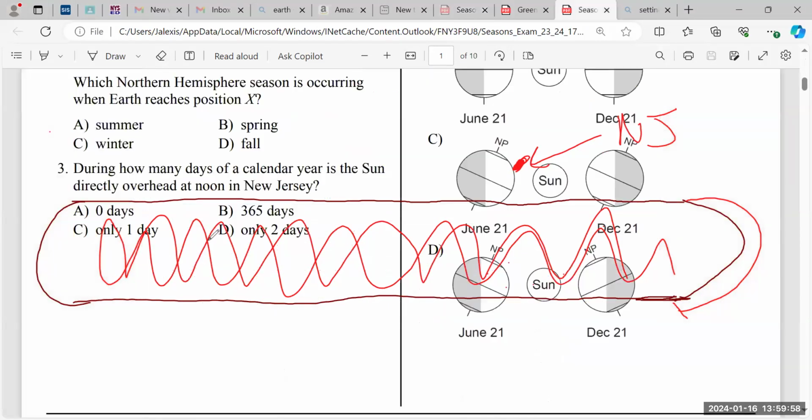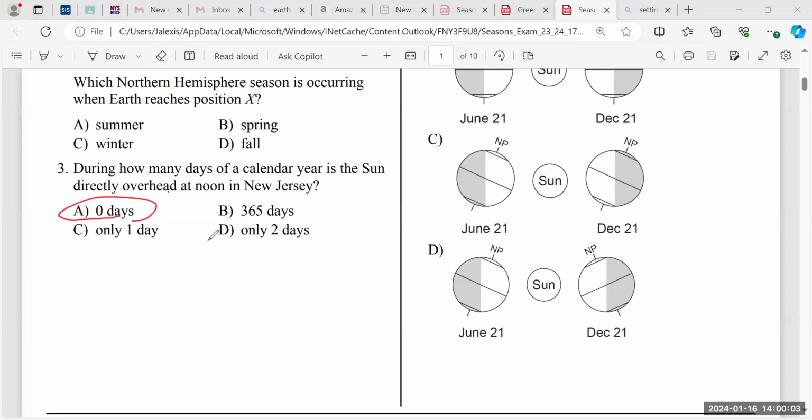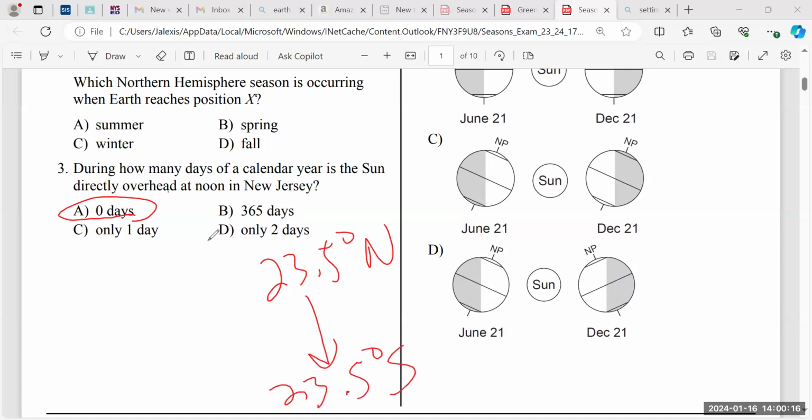And so the correct answer is going to be choice A, 0 days. Simply because it's outside of 23.5 degrees north all the way to 23.5 degrees south. If you're not anywhere on these latitudes or in between, then the sun will not be directly over your head at noon. So New York follows that principle as well. You will get 0 days of the sun being directly overhead at noon as well.